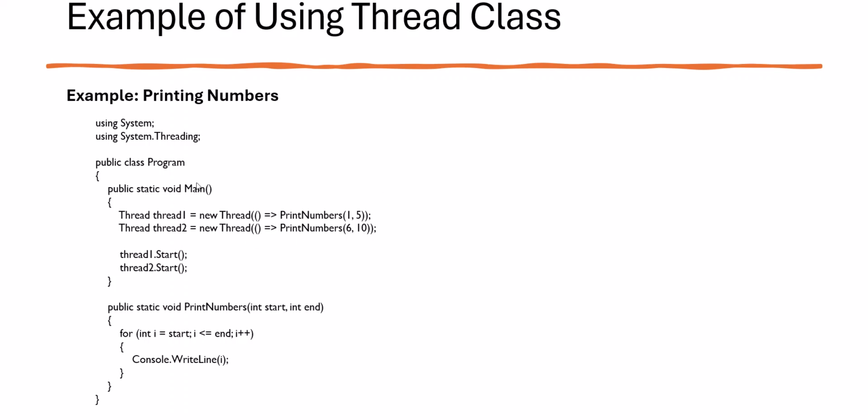If you want to print the numbers using different threads, we can use this code. It will also give the same result, depending on how the threads execute that method, whether thread 1 is started first and then thread 2. That way it will print the numbers.